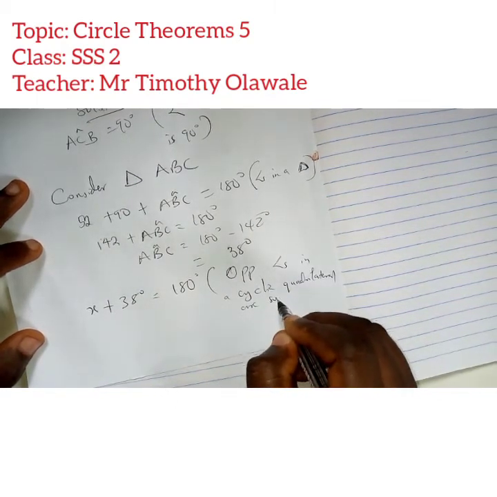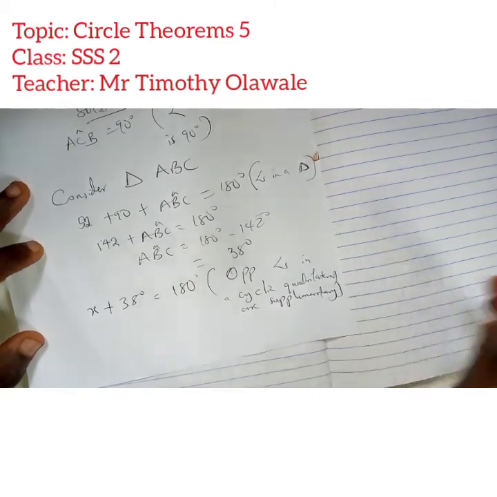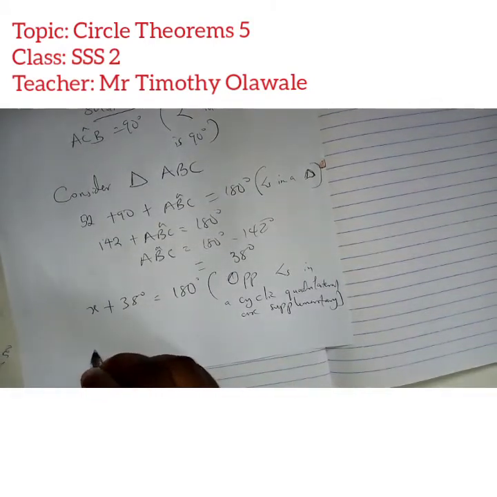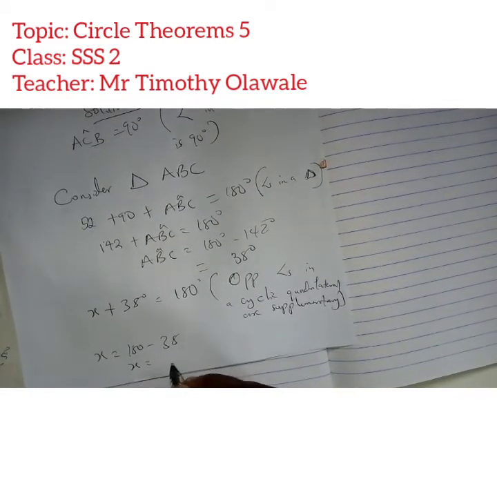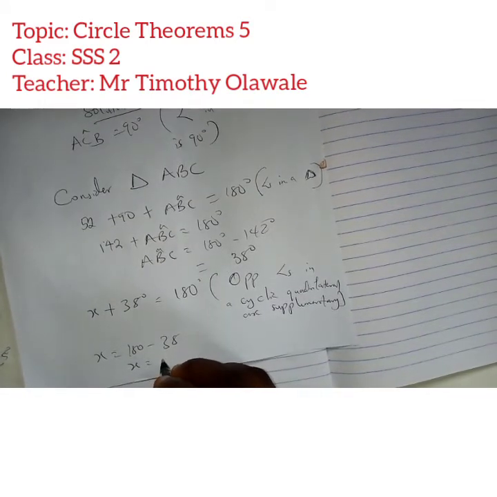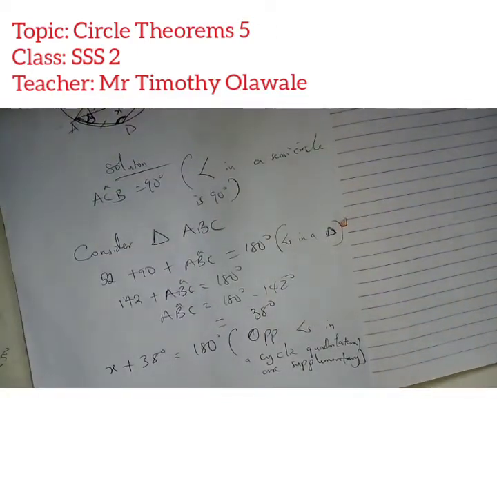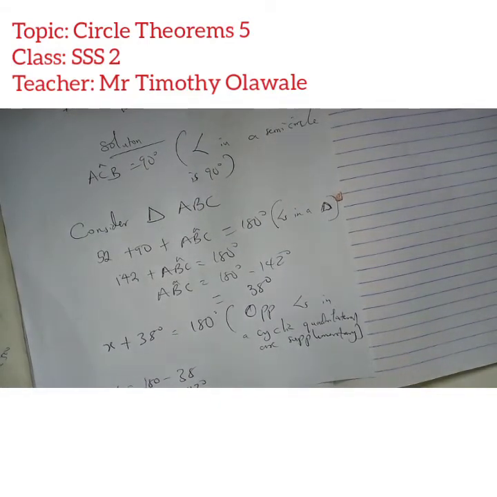Opposite angles in a cyclic quadrilateral are supplementary. So we have x equals 180 minus 38. X equals what? 142. So our x is 142. That's our x. However, I added a question to it.